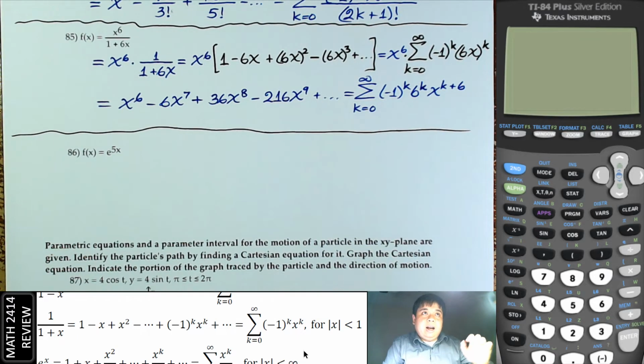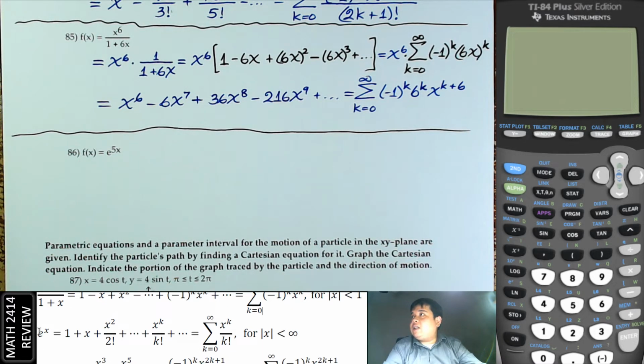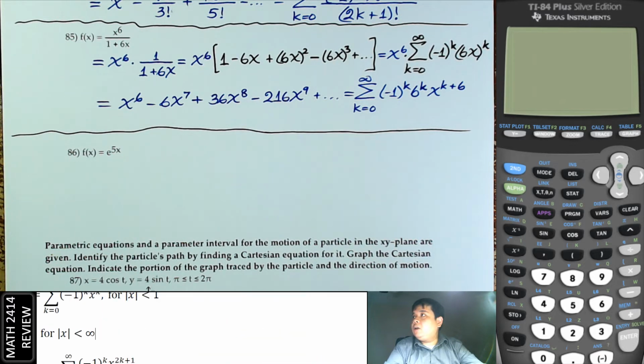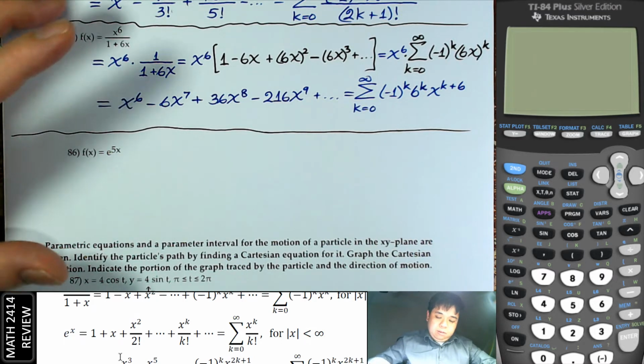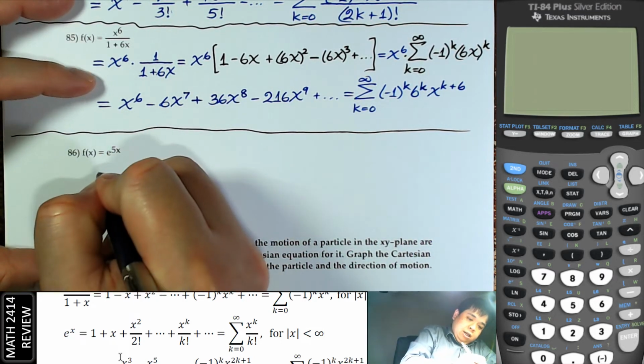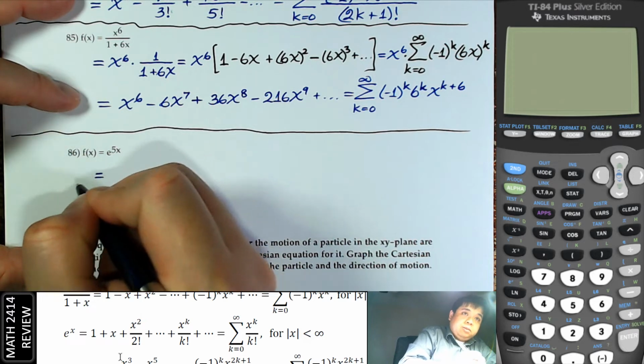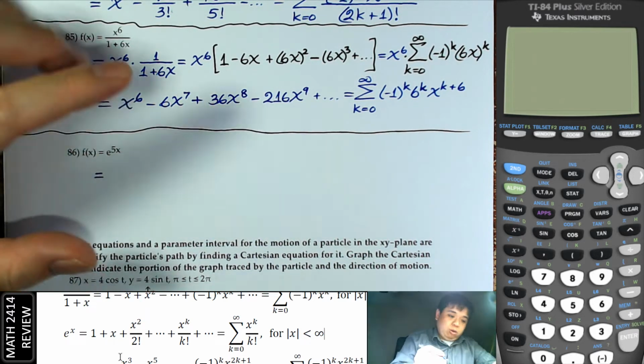Then we have e to the 5x. Well, e to the x is this. So if I write out, instead of x in the formula, I have to write 5x.